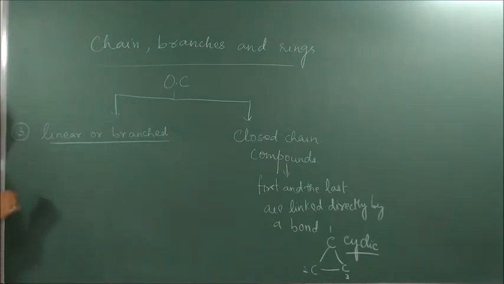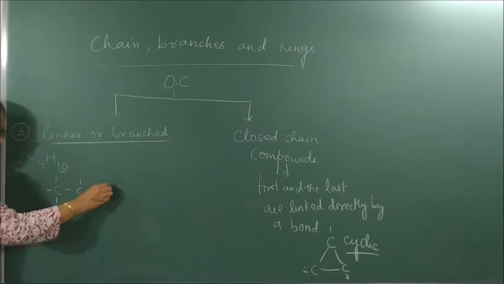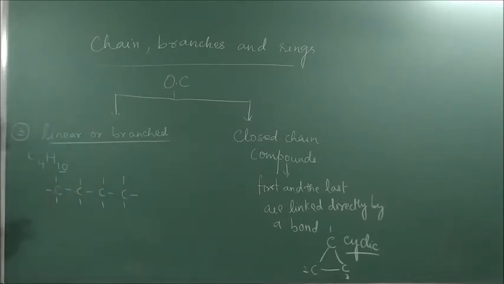Let us suppose I take butane. You know the formula of butane, CnH2n+2, so C4H10. This is called n-butane. You have to write hydrogen everywhere.